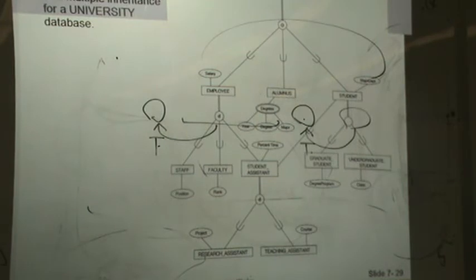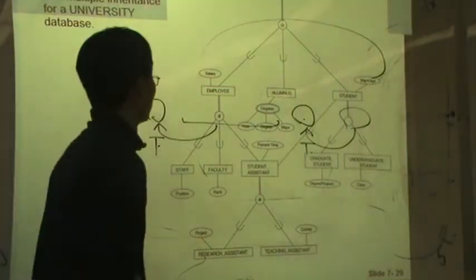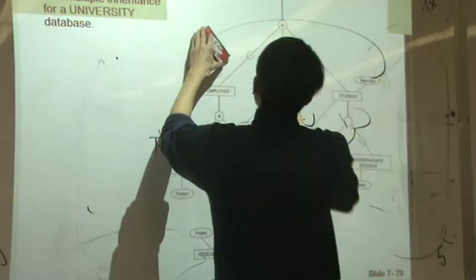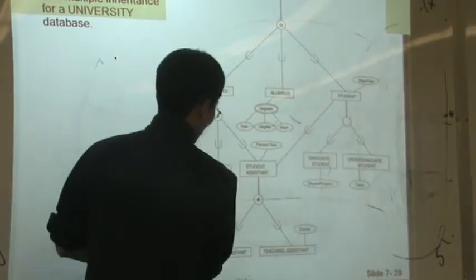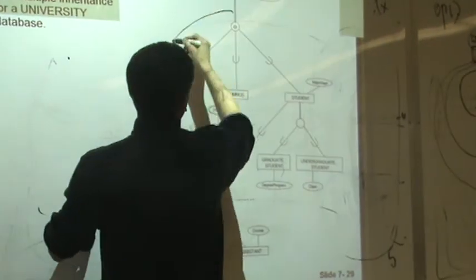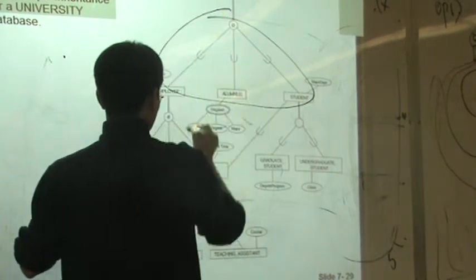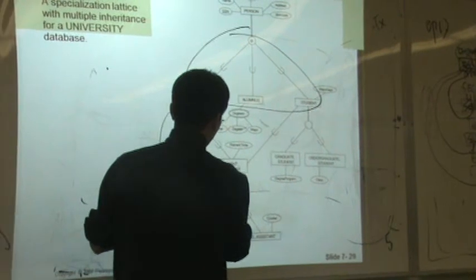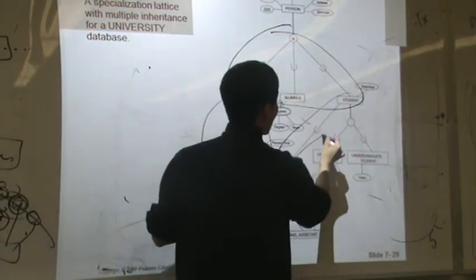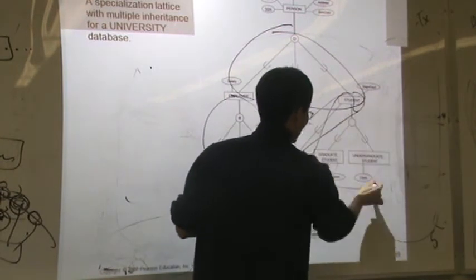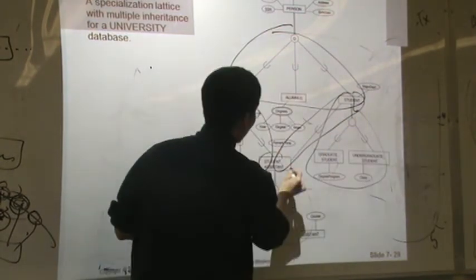What if multiple inheritance? Like this example. So this is the one entity, as you can see. We have one super subclass, and another one, and another one, another one, another one.